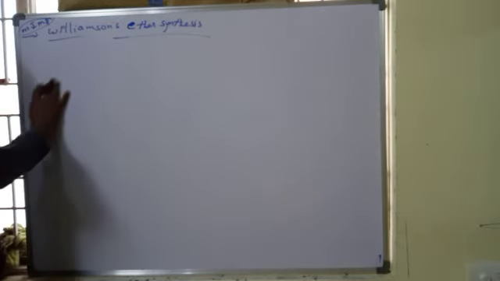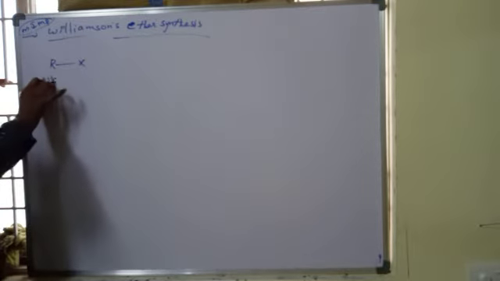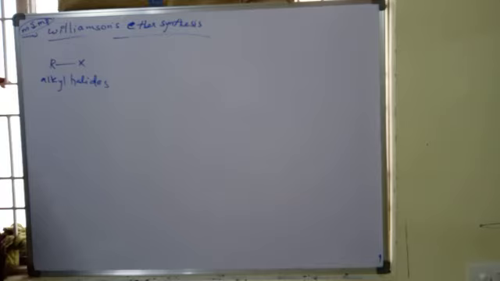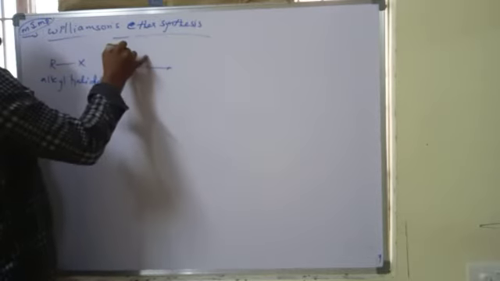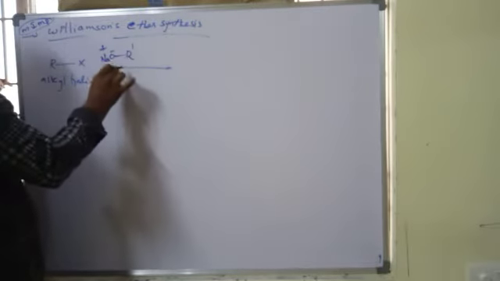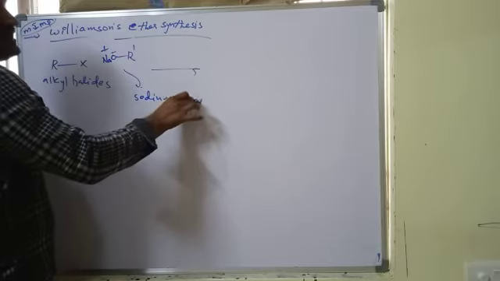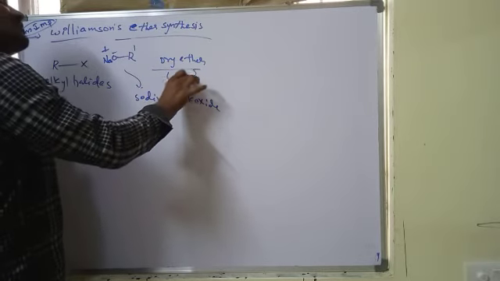In the Williamson's ether synthesis, alkyl halides react with sodium or potassium alkoxides, sodium alkoxide, and dry ether is the solvent, generally diethyl ether.